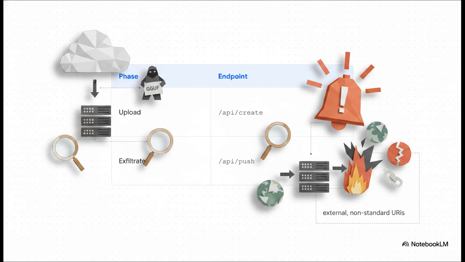Second, you have to catch the exfiltration phase by monitoring the /api/push endpoint. Remember, Ollama is typically a local tool, so pushing models out is highly uncommon in secure enterprise environments. You want to flag any /api/push requests that are directed at external, unverified URIs. Honestly, if a local model is suddenly trying to push data to a random web address, you likely have an active breach on your hands.